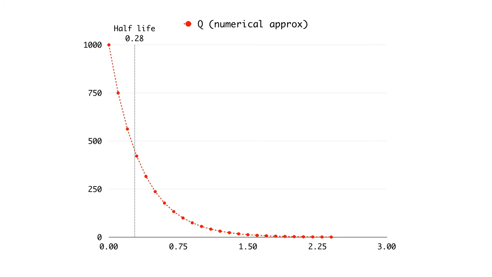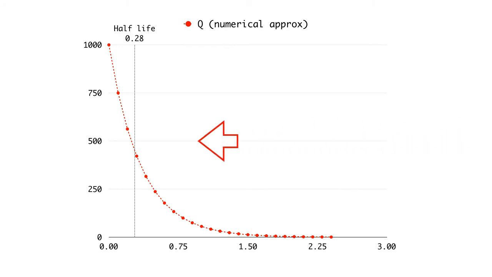You'll notice that I have a vertical line for the half-life, 0.28, just for visual comparison. What the half-life means is that for any system like this, once you know RC, the time constant in your system, there's going to be a time in the future when I've lost 1/2 of what I started with. So that's 500 in this case.